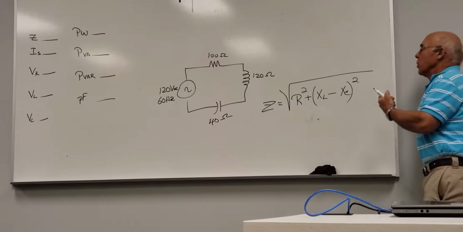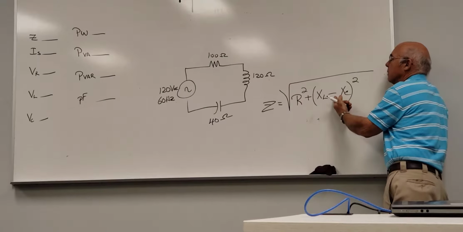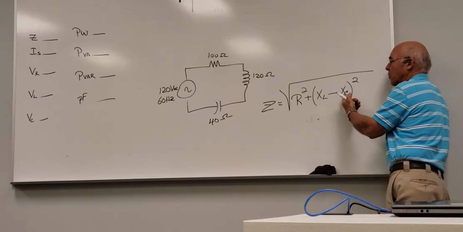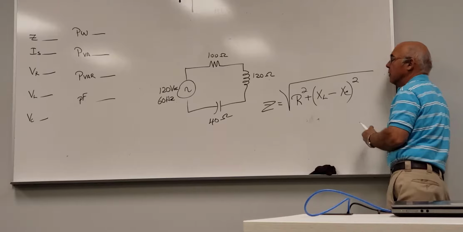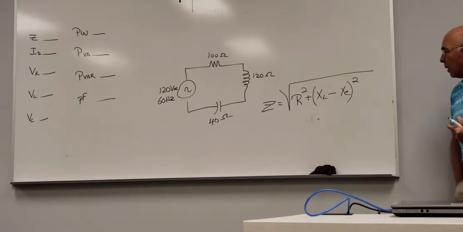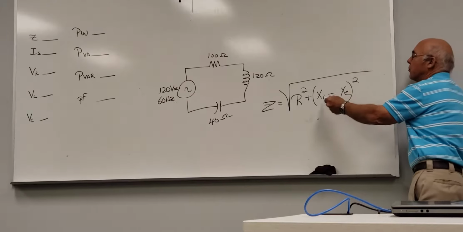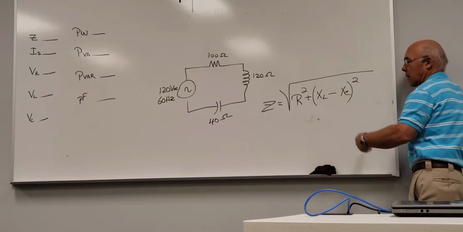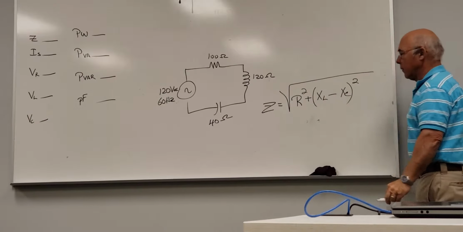So you can either put a plus here, knowing that this is negative, or just go ahead and make it minus. Either way, it works the same. Because once you get this difference, when you square it, that negative sign goes away anyway.